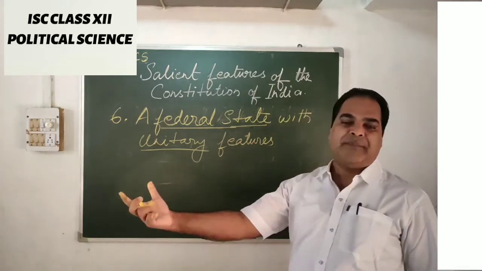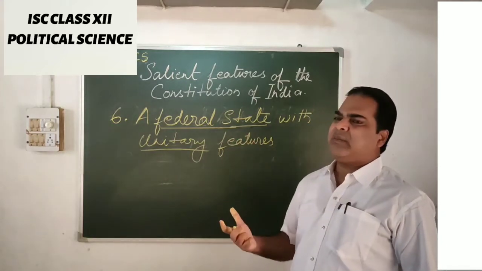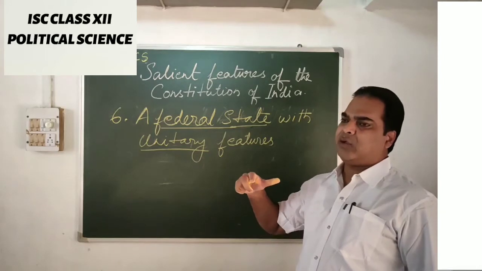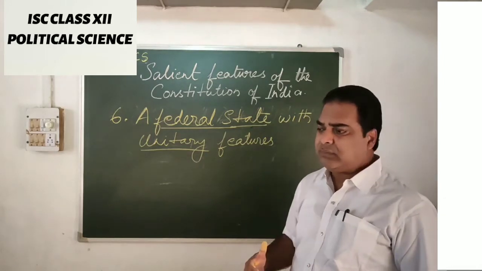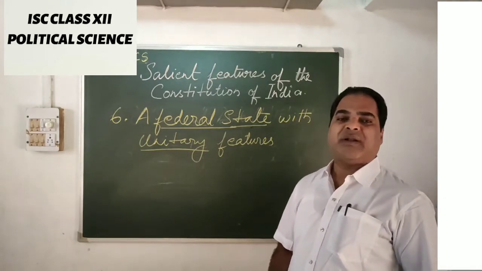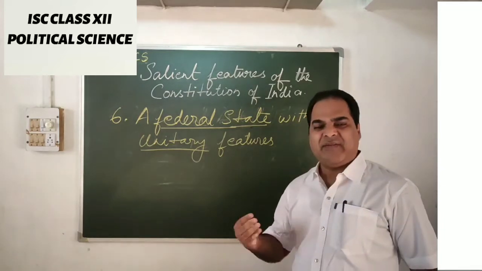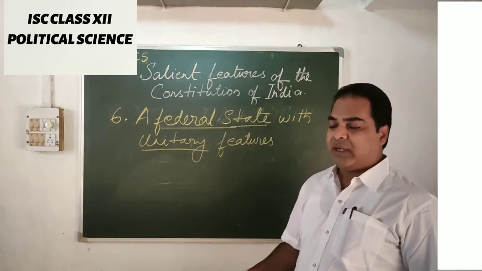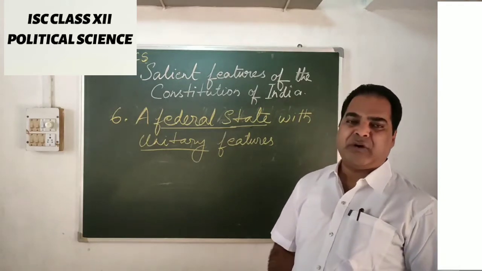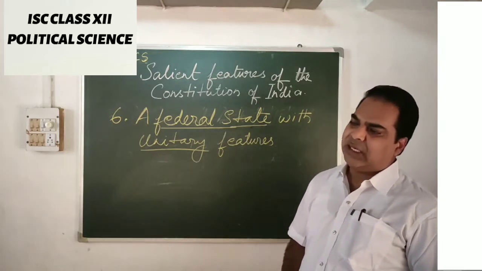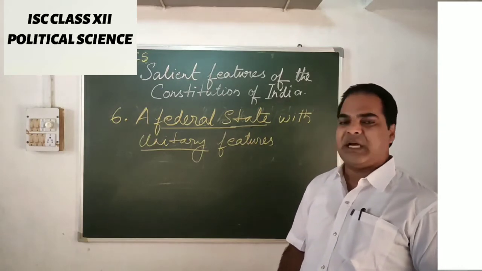It doesn't mean that the central government has the right to crush the rights of the states. No, it's not like that. Though states are there, they have every right to run the administration according to their wishes. But still, every state is under the central government.